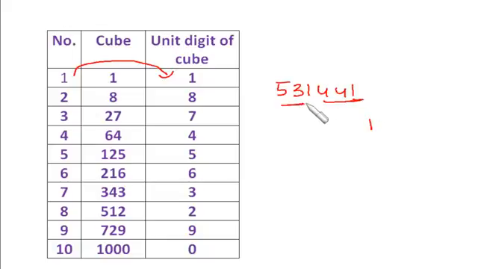Now 531 lies between the cubes of 8 and 9. So we'll be having 8 at the tens place. So the cube root of 531441 is 81. Isn't it so simple, friends?